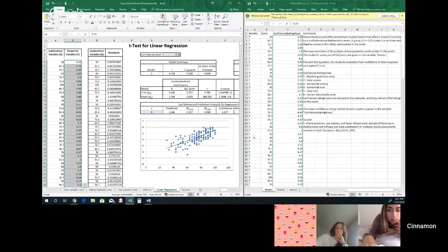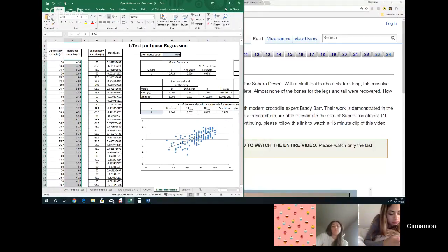Okay, there's the scatter plot. Is that a hamburger? No. Yeah.